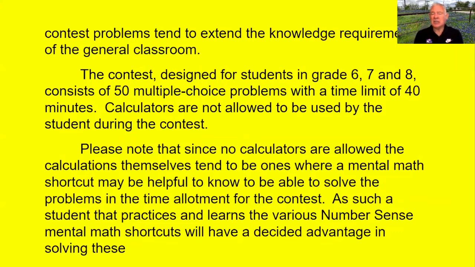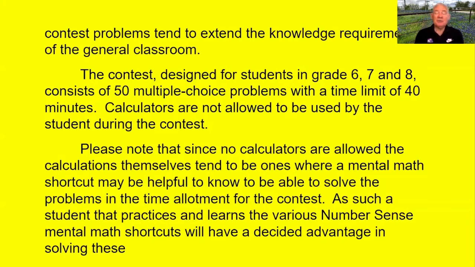The contest has 50 multiple choice questions, and there is a time limit of 40 minutes. At this level of competition, calculators are not allowed. At the high school level there are, but not at this particular level. Since no calculators are allowed, the problems tend to be ones where mental math shortcuts may be useful.